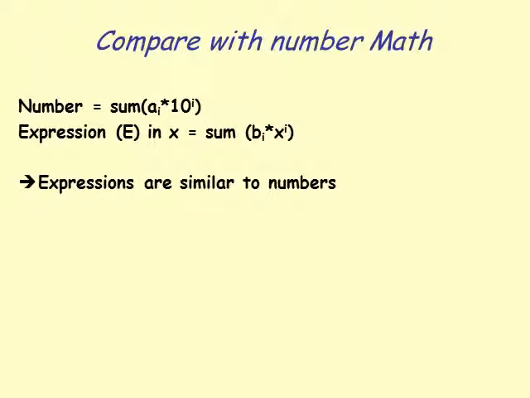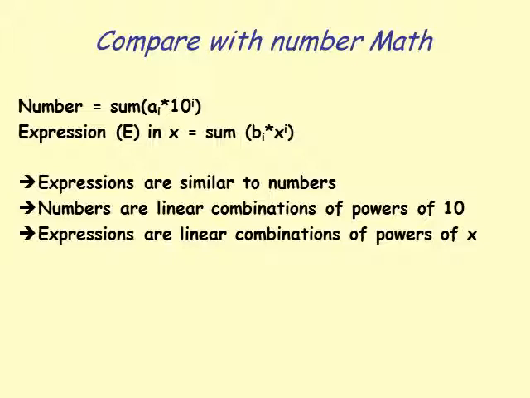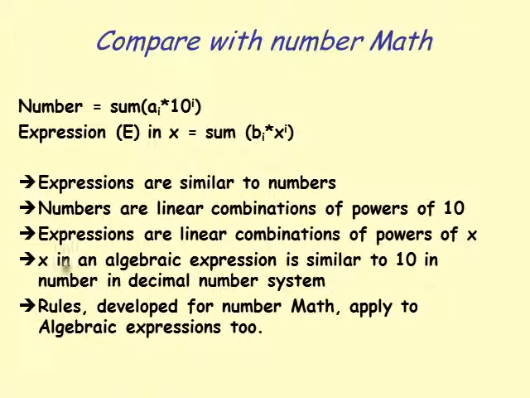Okay, let's continue here. Expressions are similar to numbers. If you compare these, this is a linear combination of powers of 10, and this is a linear combination of powers of x. They're similar. X in an algebraic expression is similar to 10.